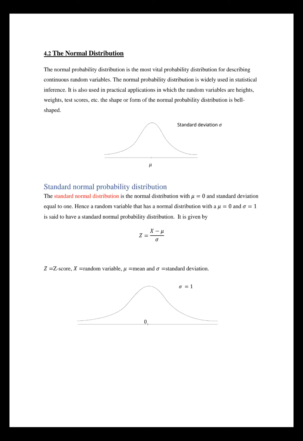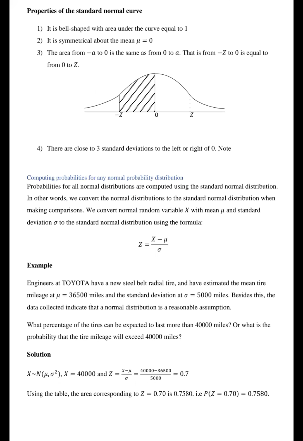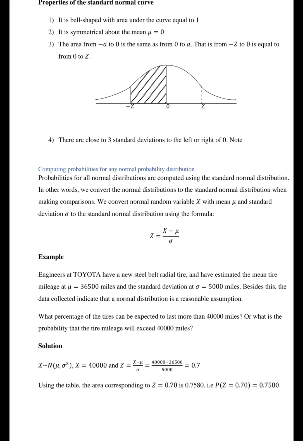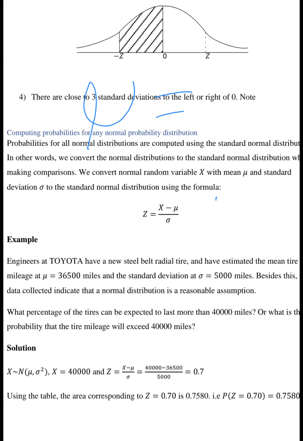Now we can move forward and look at one good example. Let's say an engineer at Toyota has built a radial tire and has estimated that the mean tire mileage, or mu, is 36,500 miles, and the standard deviation is 5,000.